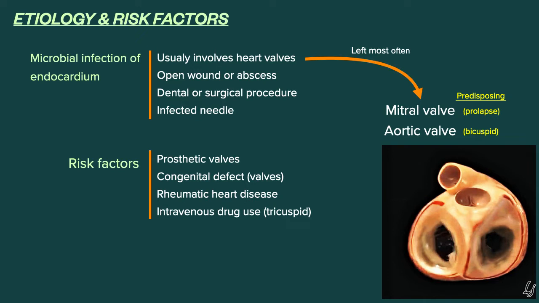So risk factors for either valve include having prosthetic valves, congenital cardiac defect involving the valves, damage to the valves from rheumatic heart disease, and intravenous drug use, which typically affects the tricuspid valve.